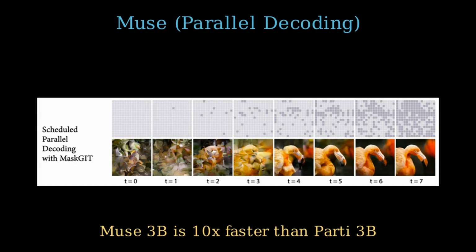It starts with a completely masked canvas and iteratively unveils the most confident tokens in parallel over just a few rapid steps. Because of this massive parallelization, the Muse model achieves an impressive speed-up. In fact, it is remarkably 10 times faster than sequential autoregressive models like Parti, without sacrificing any visual quality.